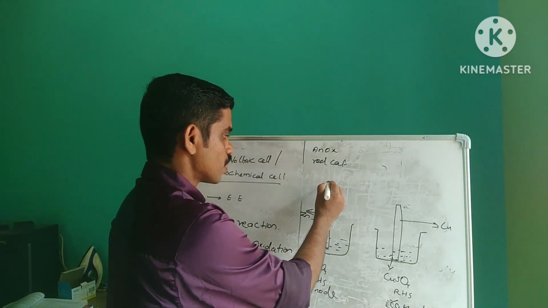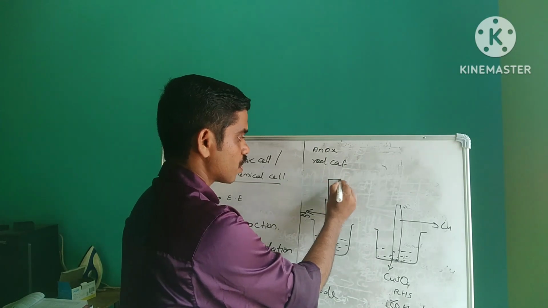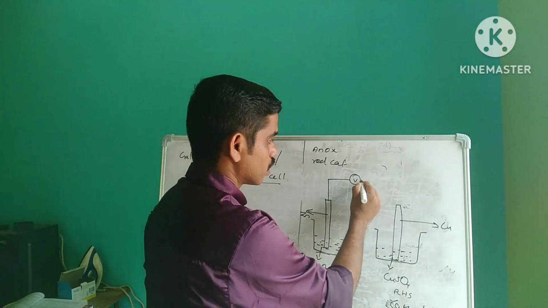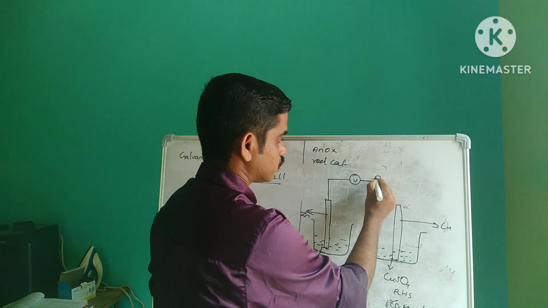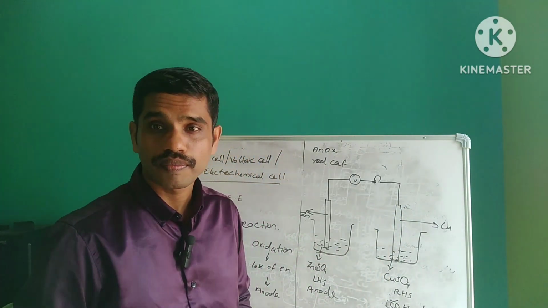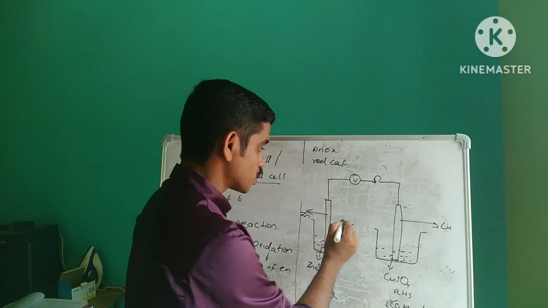Now you can connect these two electrodes by a voltmeter through a bulb. Then one more tube you have to connect.